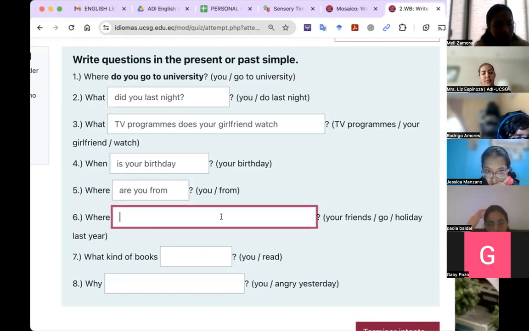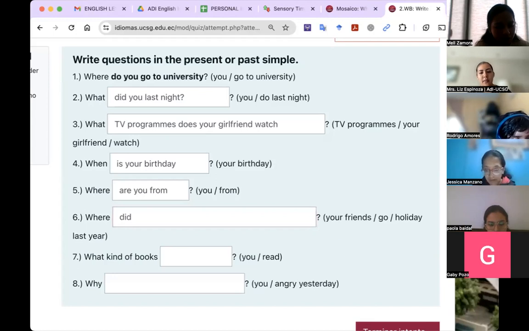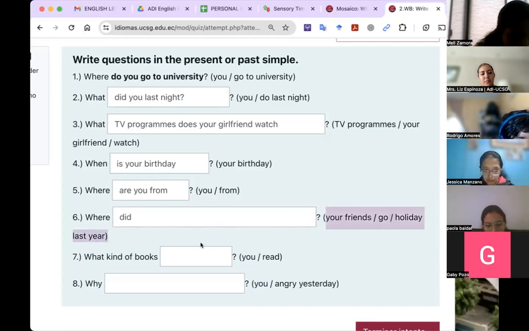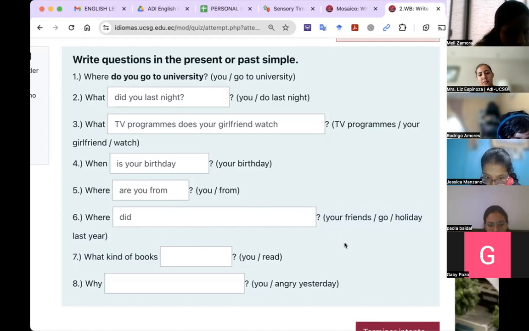Did. Very good. So where did... Who is your subject? Who is your subject here? Where did go? Subject son las personas. ¿A quién se refiere la pregunta? So who is your subject? Friends. Your friends. So, where did your friends?